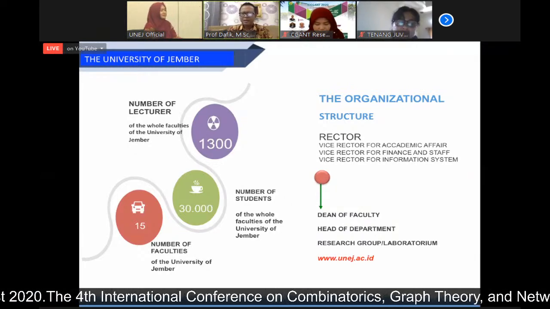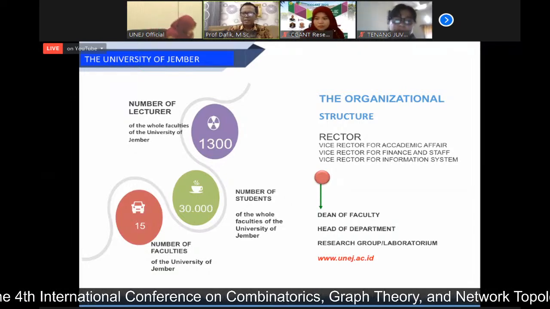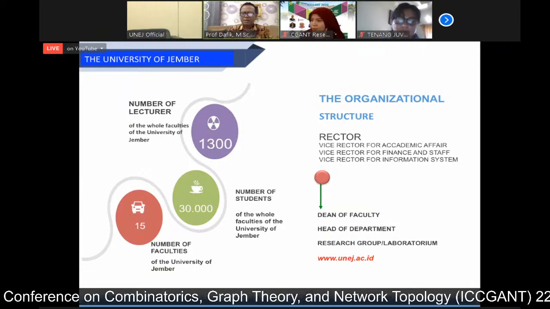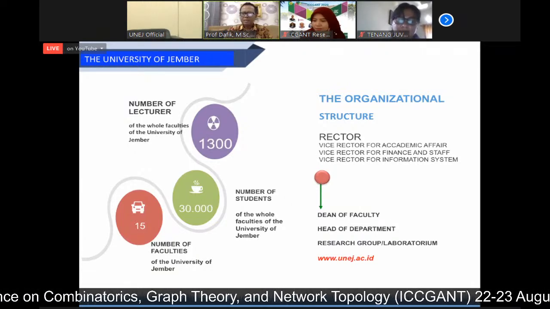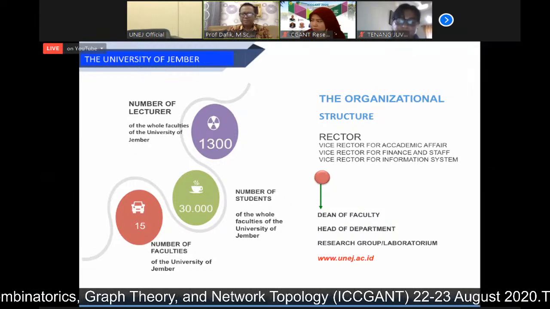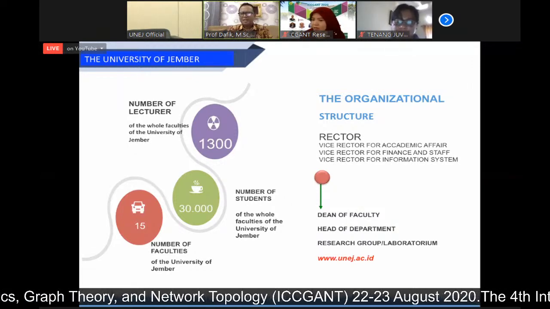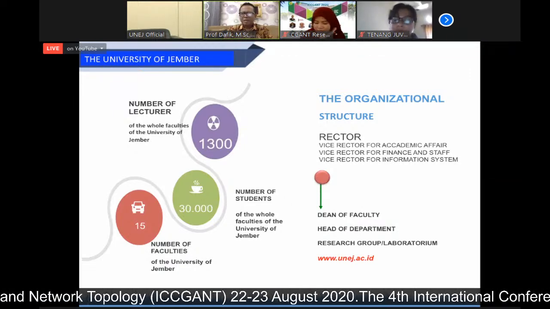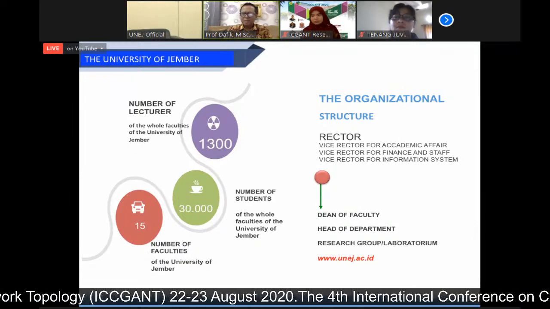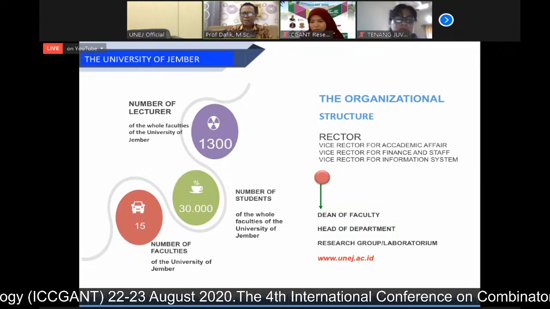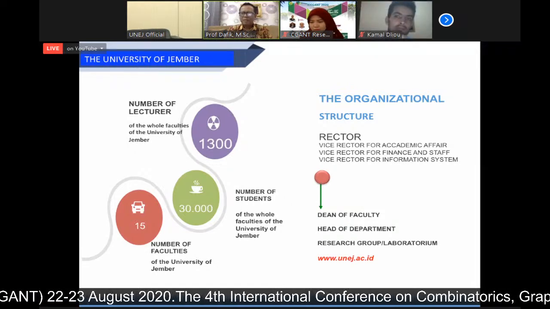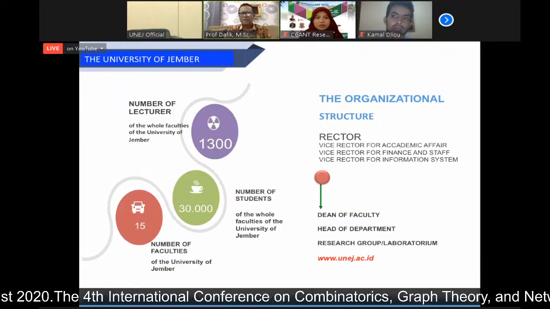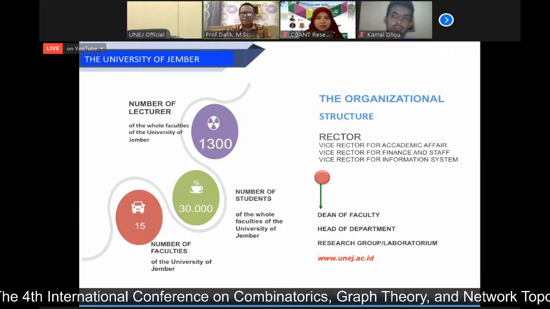Yesterday, we already had invited speakers talking on applied mathematics, modeling, and optimization. Now, the graph session. Graph could be in fundamental science or basic sciences, from a mathematical sciences perspective. Combinatorics or graph could be in mathematics education. But right now, I will talk about graph in mathematical sciences.